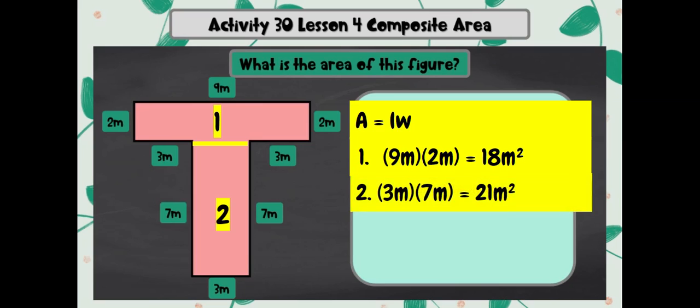Rectangle 2, we have 3 meters times 7 meters, which is 21 meters squared. Then we're going to add the two together. 18 meters squared plus 21 meters squared gives me 39 meters squared.